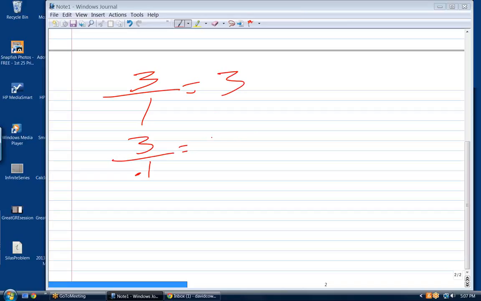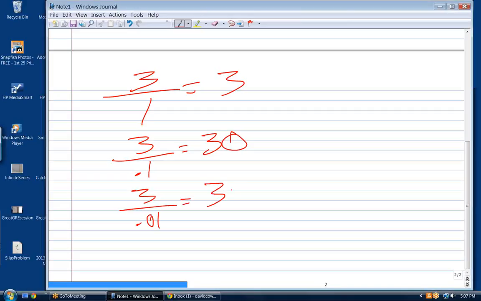No. 30. It gets bigger. What is 3 divided by 0.01? 300. So what is 3 divided by 1 times 10 to the negative 15th power? It's 3 with 15 zeros after it.